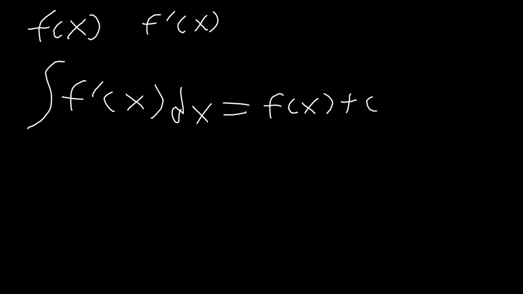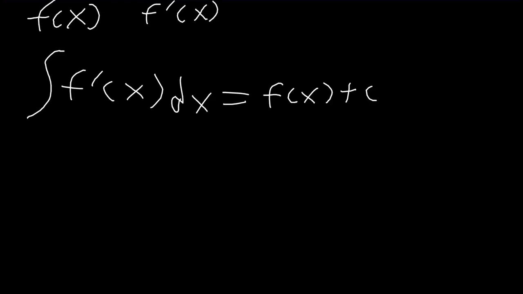This makes sense because the anti means you go the opposite way, so it gets rid of the derivative. We also add the plus c because the derivative of a constant is 0, and we don't know what that constant is, so we have to add that.